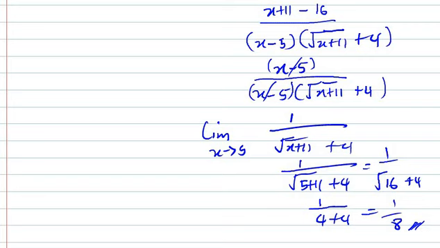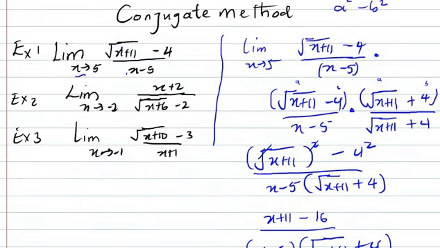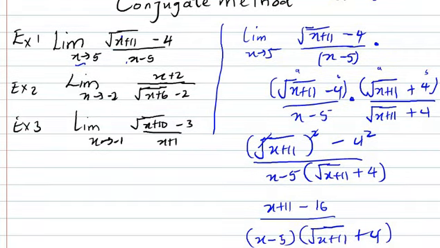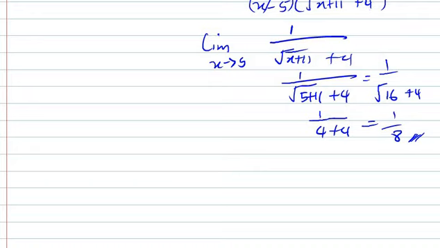So let's take another question, and the next question is the limit as x approaches negative 2 of x plus 2 all over root of x plus 6 minus 2. Let me change frame.